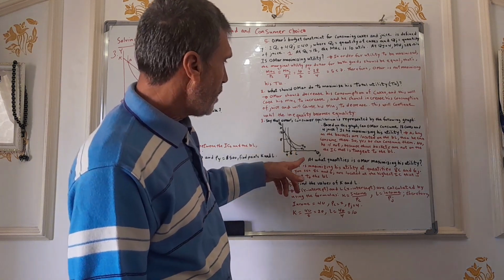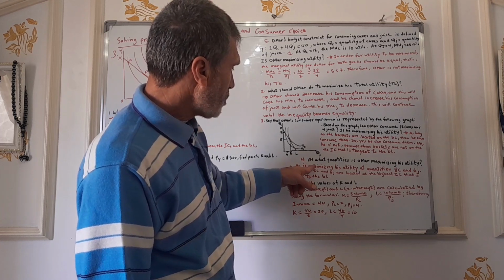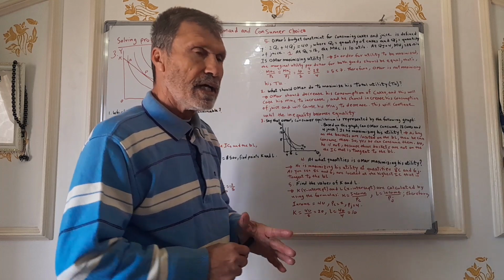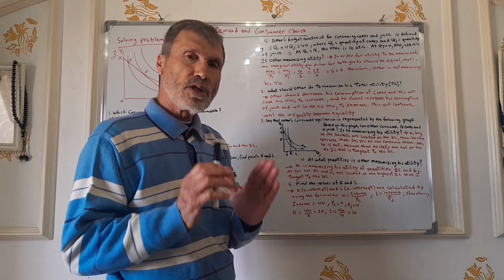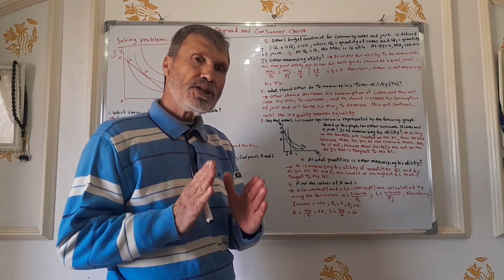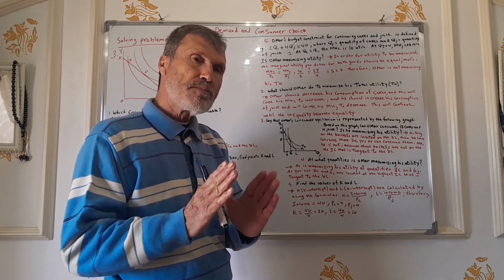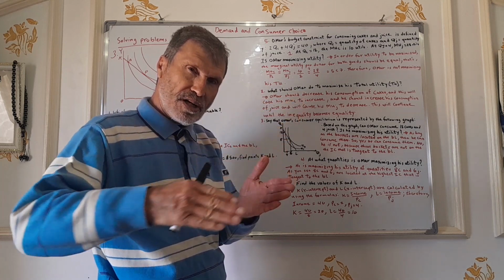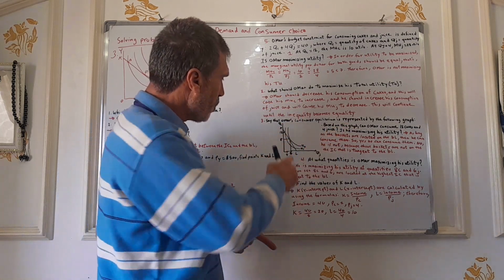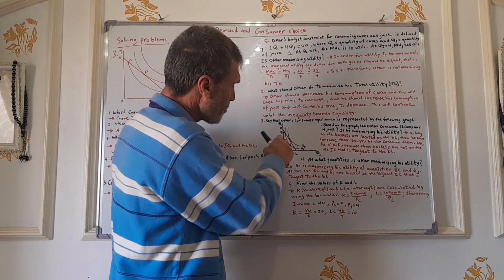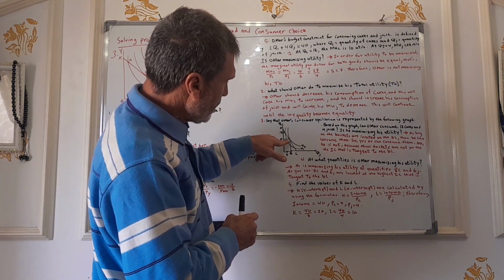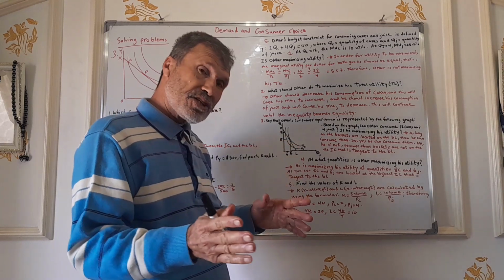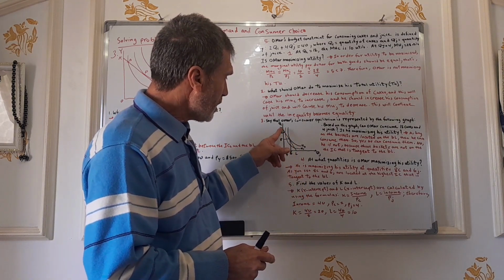Now, at what quantities is Omar maximizing his utility? Of course, Omar reaches consumer equilibrium at the point of tangency between an indifference curve and the budget line. So here at point A, you see it is located at the indifference curve U2, which is tangent to the budget line KL.